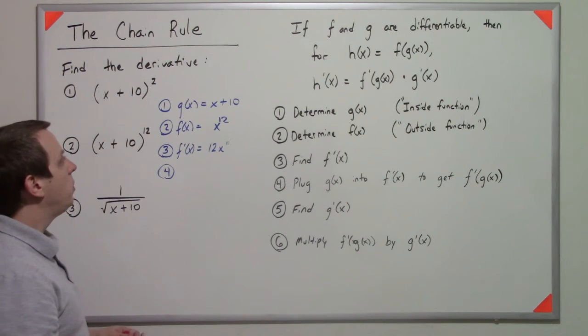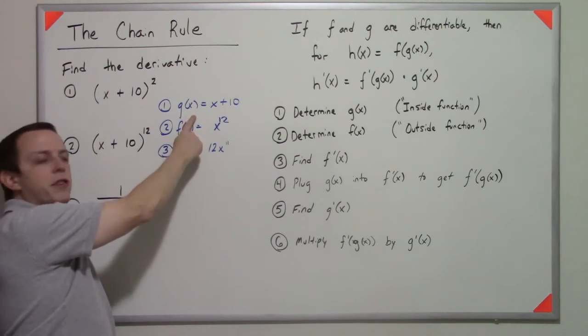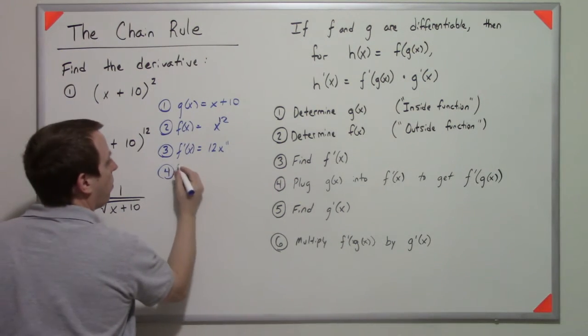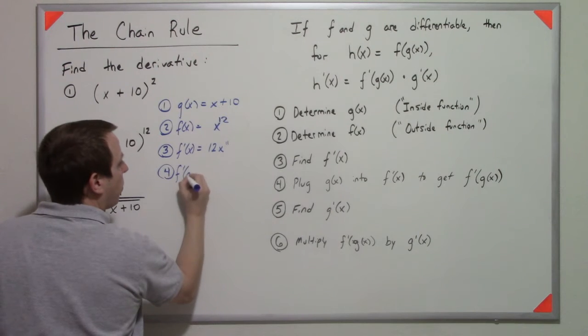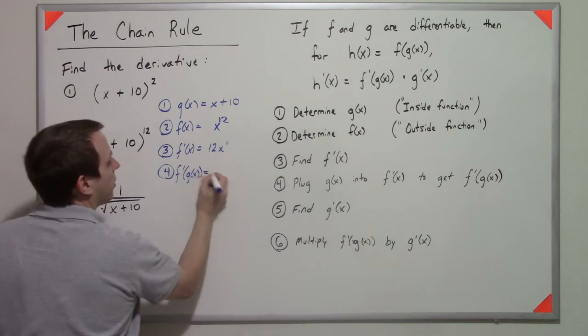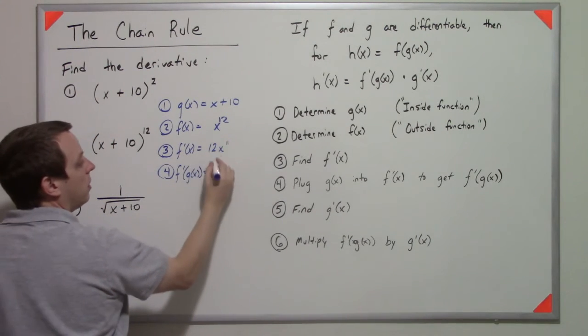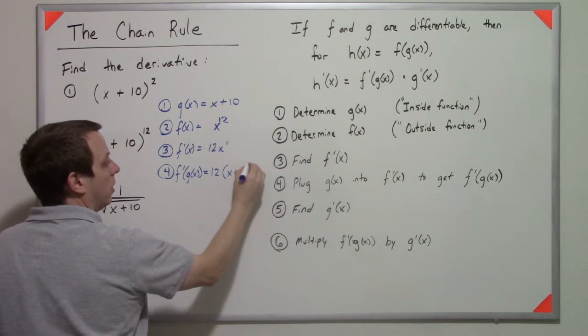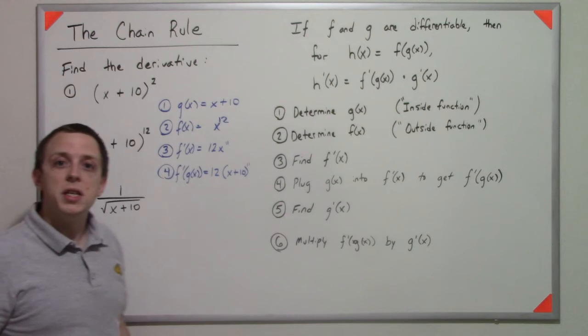Then what we do is we take this g of x and we plug it into f prime. So not f prime of x, it's f prime of g of x. So anywhere you see x, you write (x + 10)^11.